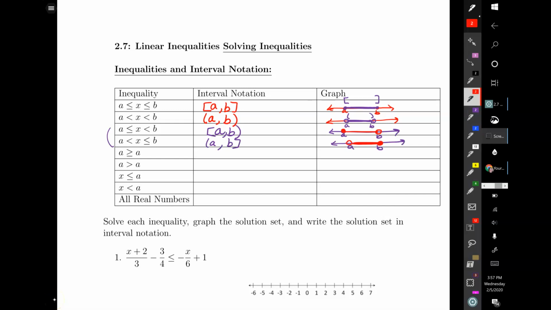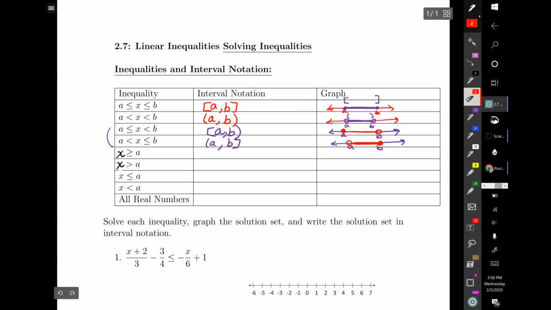The next one is pretty much the same. It's just that b is included this time. So a less than x less than or equal to b would be open parenthesis, a comma b, closed bracket. And the number line would have an open circle at a, a solid line up to a solid circle at b.